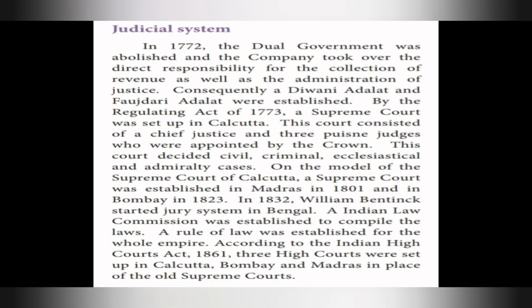In 1808, a superintendent of police was appointed for each division. Later, the district collector was entrusted with the task of controlling the police force in the districts. The main task of the police was to handle crime and to prevent conspiracy against the British rule.